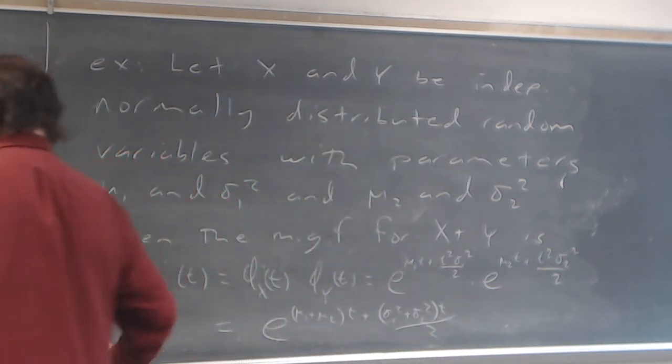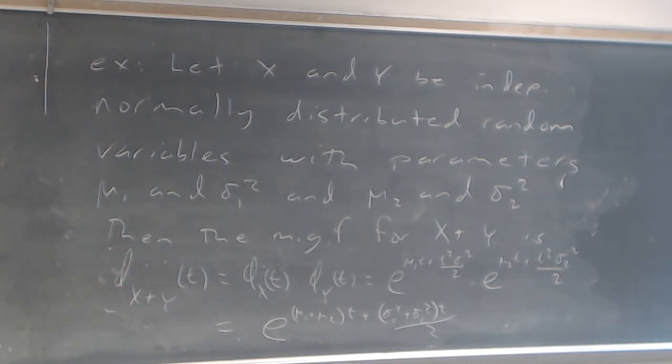And that is the form for a moment generating function of a normally distributed random variable. So I'll write that down here.